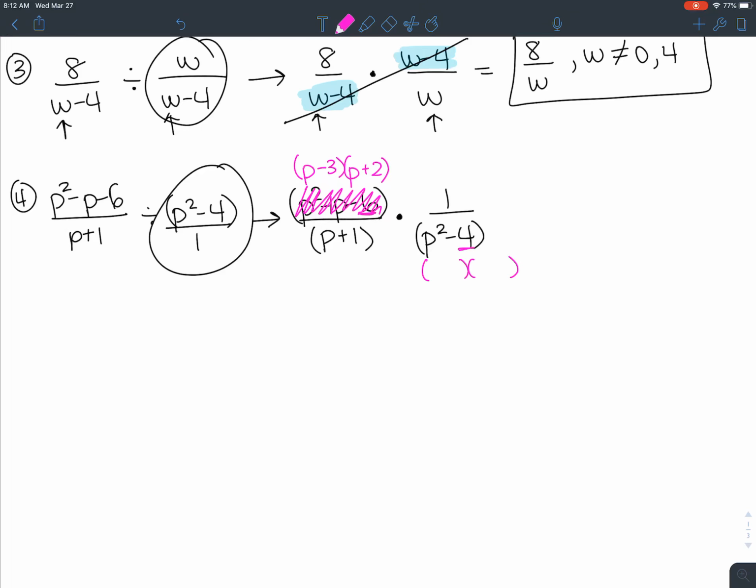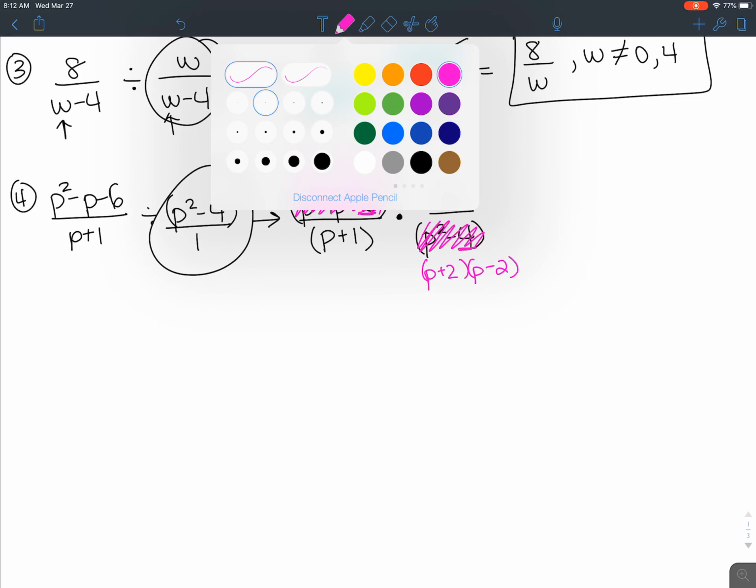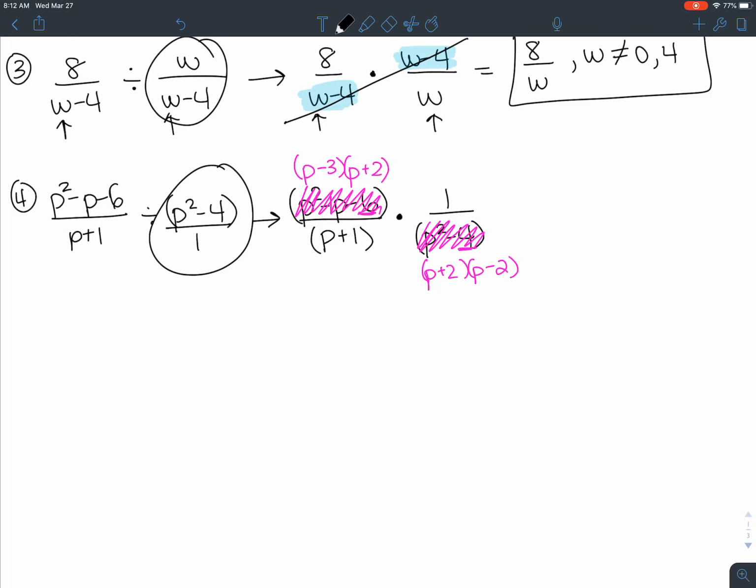Numbers that multiply to -4 but add to 0, because there's no middle term, would be p plus 2 and p minus 2. So that disappears. Okay. All right. So let's see what can cancel. We have p plus 2 in both areas, so those can go away. I need to remember that p cannot be -2, though. That's one of my excluded values. We can go ahead and list that it can't be +2 or -1.